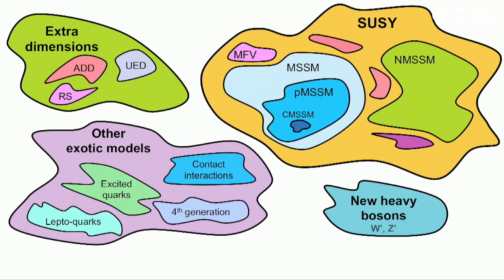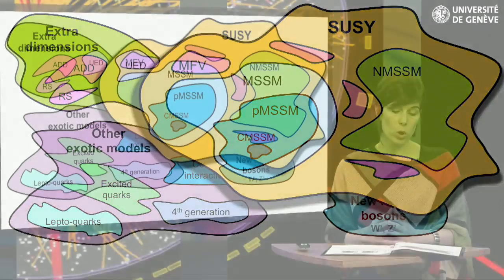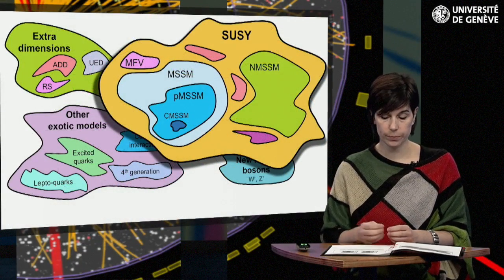A large theoretical framework of beyond the Standard Model physics that has been developed in the last decades is supersymmetry, also known as SUSY. Supersymmetry is one of the most discussed and studied extensions of the Standard Model.